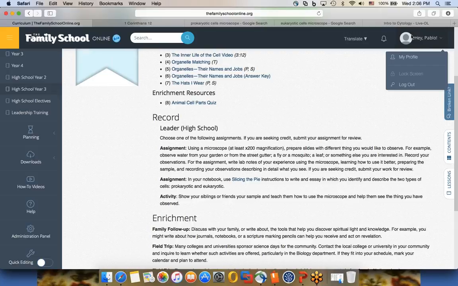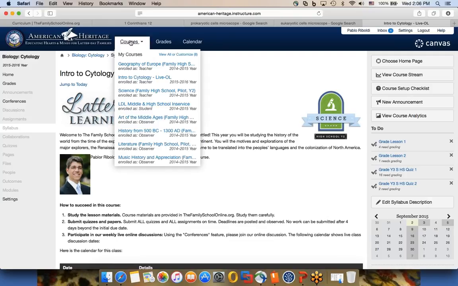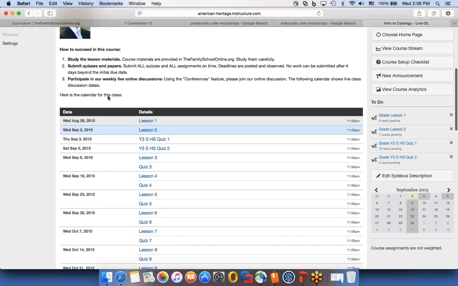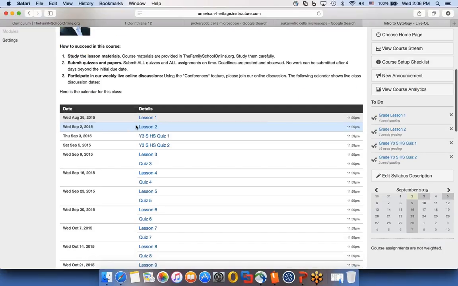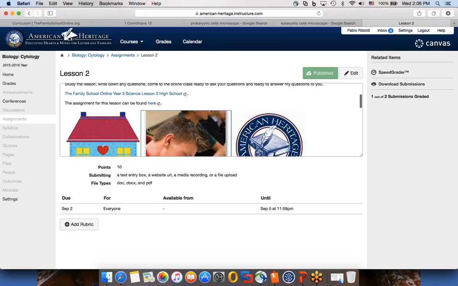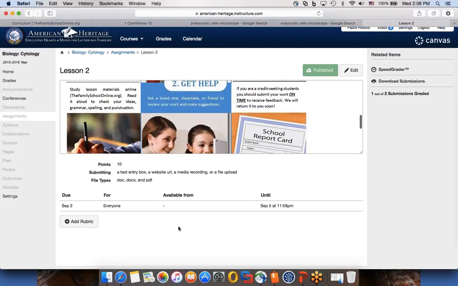The way to submit the assignment is by going to Canvas. You go to the course, and then you see the lesson. For example, you go to lesson 2, and under lesson 2 you are going to be able to submit your assignment for grading.